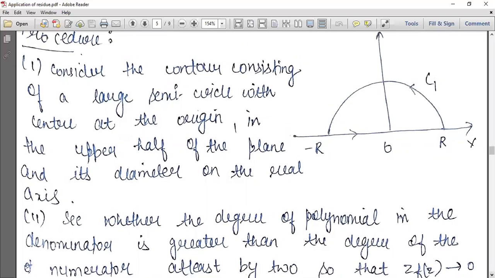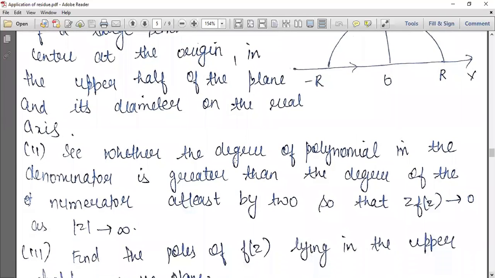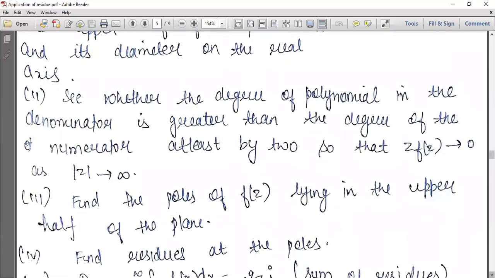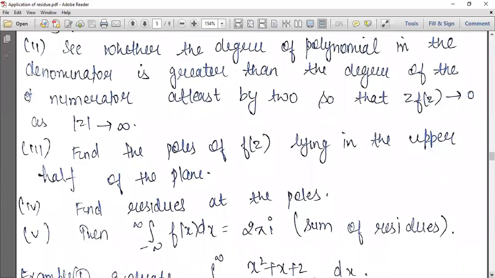Now, first I have decided my contour. Now I will check whether the degree of the polynomial in the denominator is greater than the degree of the numerator or not. And for that, we will check if z into f(z) approaches 0 or not, as modulus z tends to infinity. Now, after this, my second step is to find the poles. And after finding the poles, my next step will be to calculate the residues.